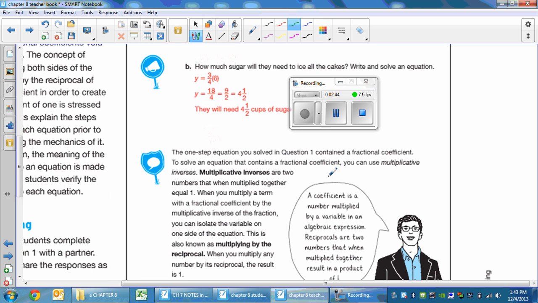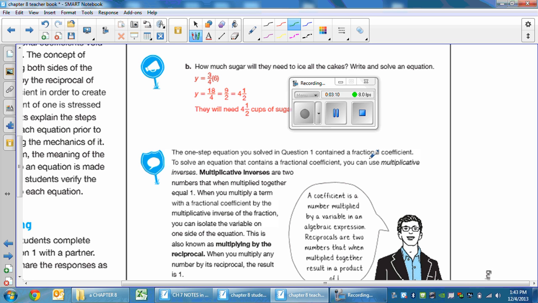So to solve an equation that contains a fractional coefficient, you can use multiplicative inverses, which are 2 numbers that when multiplied together equal 1. When you multiply a term with a fractional coefficient by the multiplicative inverse of the fraction, you can isolate the variable on one side of the equation. This is also known as multiplying by the reciprocal.